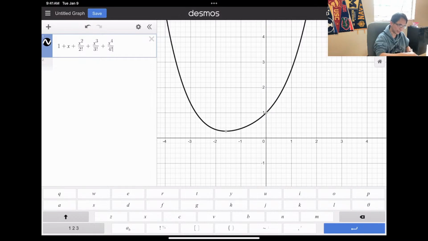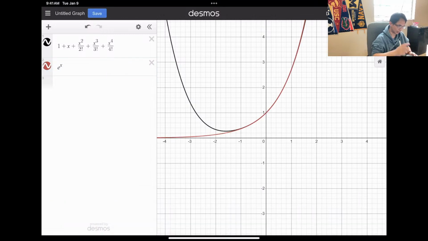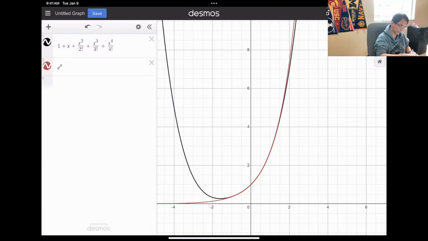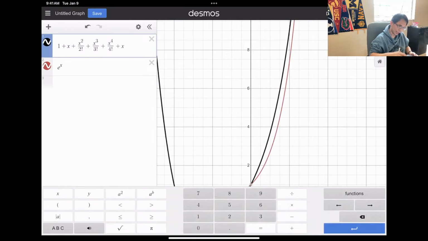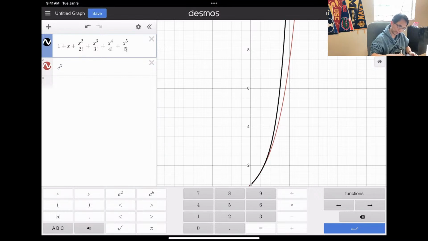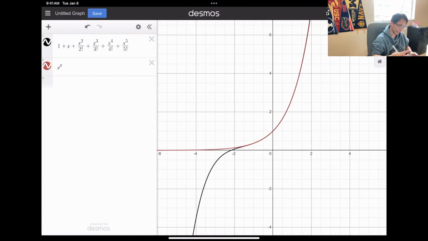Do you see that e to the x starts forming? Plus x to the 5th over 5 factorial. It's getting better and better each time.